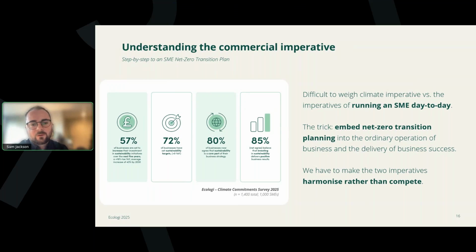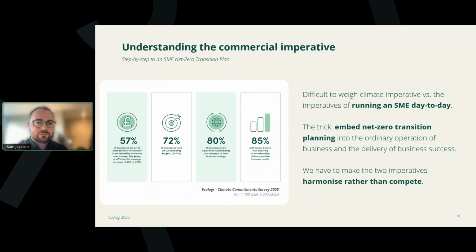And so what I put on the right there is, if we can embed net zero transition planning into the ordinary operation of business and the delivery of business success, then the typical, slightly cliched understanding of 'yes, but this is going to cost us money, so we're not going to do it' becomes neutralized, because the two imperatives are harmonized rather than competitive. If we do this, we'll actually be set up better for success as a business. And that's how I like to think and advise when we speak to our clients.